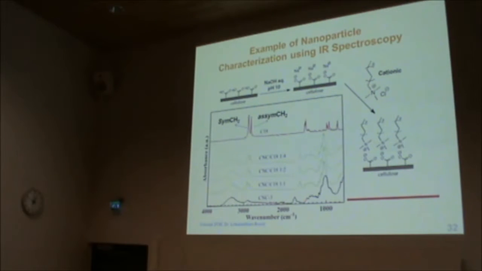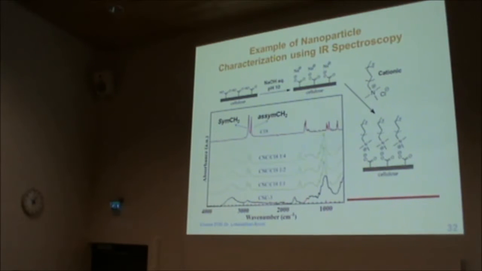You also find the carbonyl peak, the C double bond O, has shifted a bit. The reason is that the carboxyl is no longer the same; here it has been bound to cationic nitrogen, and that changes the vibrational frequencies.